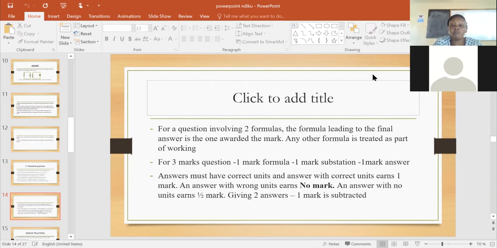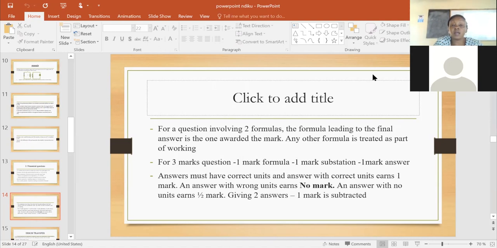For a 3 marks question, the first mark goes to the formula, the second mark goes to substitution, and the last mark goes to the answer.